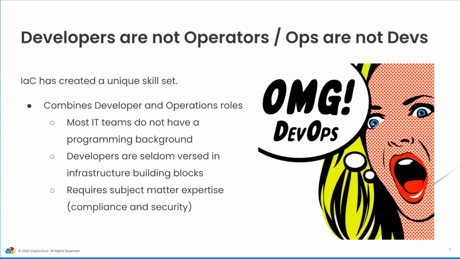By going to infrastructure as code and embracing DevOps, now we have a problem: our developers aren't really operators, and our operators are not devs. So we've got this unique skill set. You say, I want someone to write this code. Your IT team may have some really smart, experienced people, but many of them may not have a programming background.